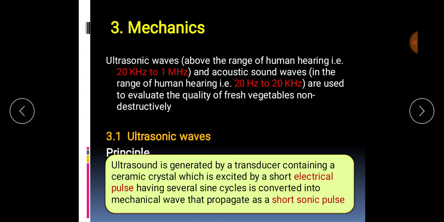By the help of ultrasonic waves and acoustic sound waves, we can check whether vegetables are fresh or not fresh.